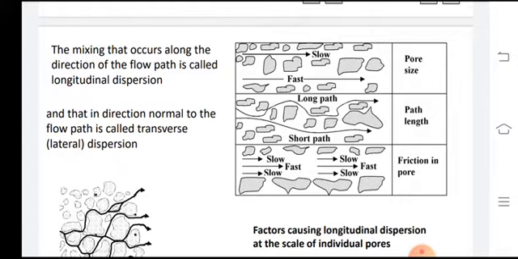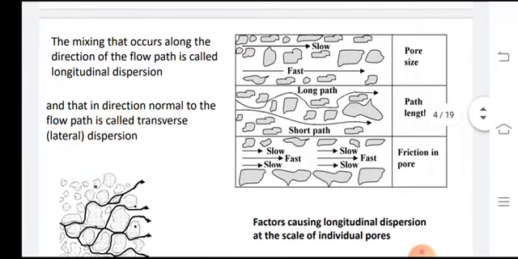And what is the reverse? Desorption. In the case of desorption, the contaminant will get detached from the solid phase, and then it will enter back into the liquid phase. This is the desorption process.